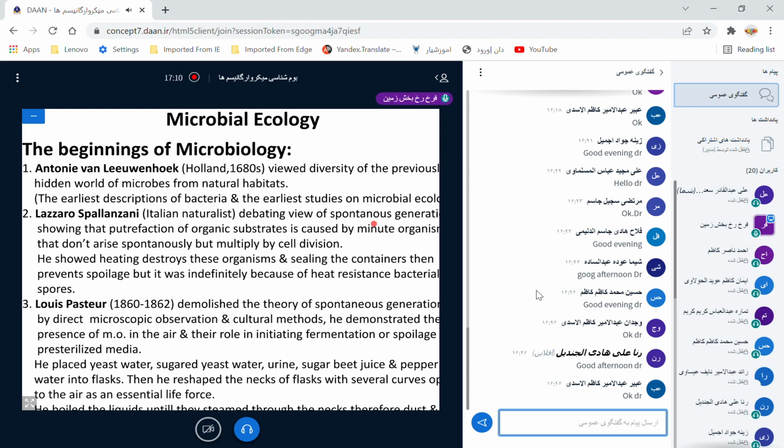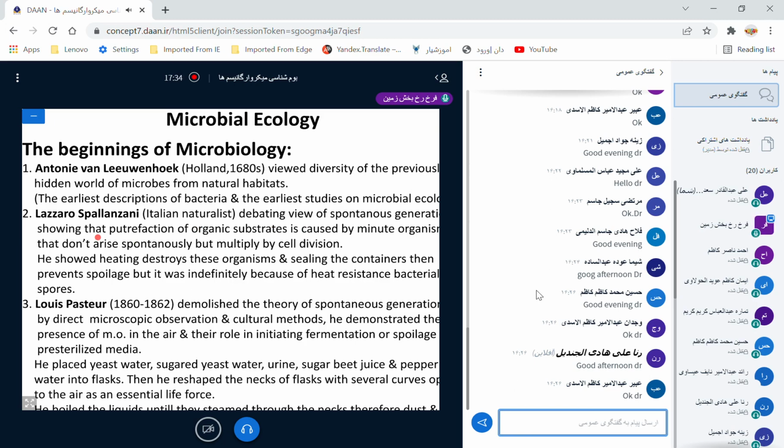The first scientist who wanted to refute this hypothesis was Lazzaro Spallanzani, an Italian naturalist, debating the view of spontaneous generation. What did he do?